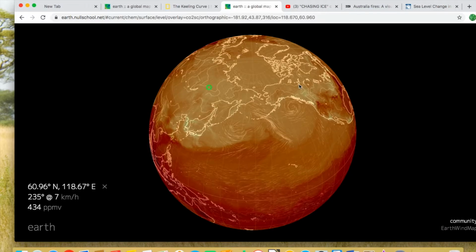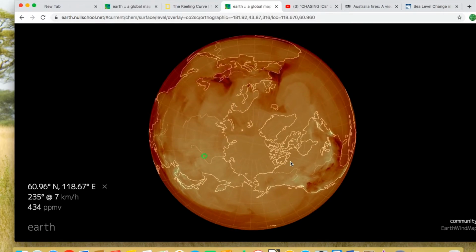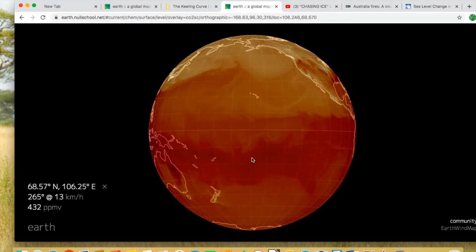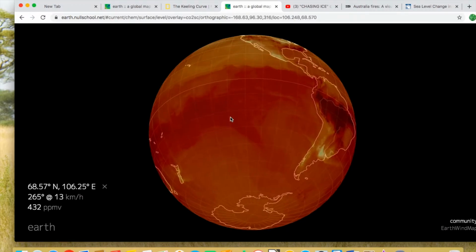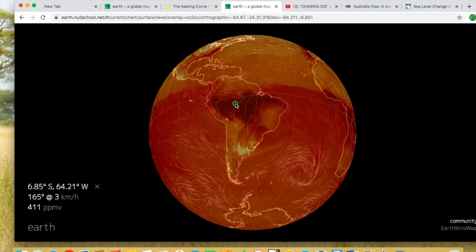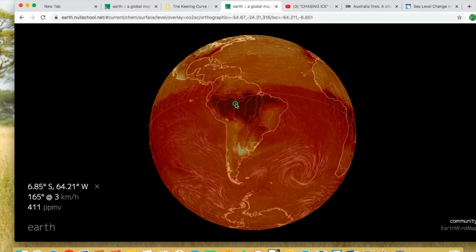So right now, the Northern Hemisphere, Northern Canada, Siberia, have got the highest CO2 concentrations that you'll find anywhere, 430 parts per million. If you compare that with, say, the Southern Hemisphere, especially the Amazon rainforest, where there's plenty of photosynthesis happening right now, they're sitting at 411 parts per million there.